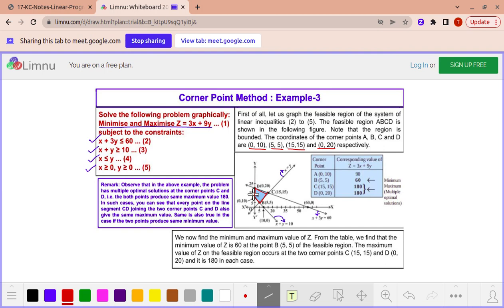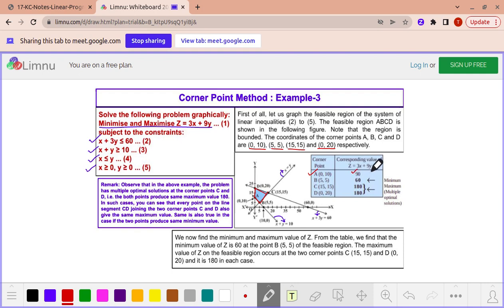So using the corner point method, we need to find the value of the objective function 3x plus 9y for all these corner points. So for the first corner point A having coordinates 0, 10, we get the value of the objective function z equal to 3x plus 9y as 3 into 0 plus 9 into 10, that is 90.